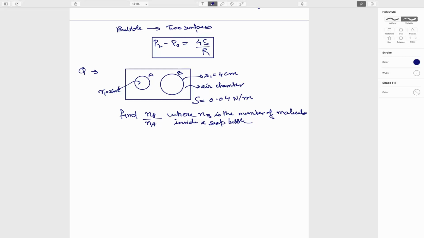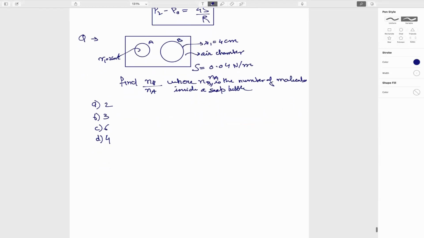So this air has some number of molecules and we need to find that number of molecules inside that. So the options are 2, 3, 6, 4. Try this question.